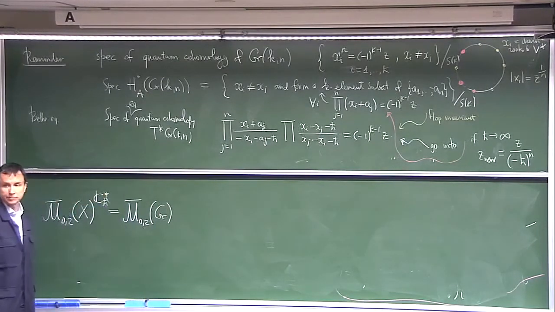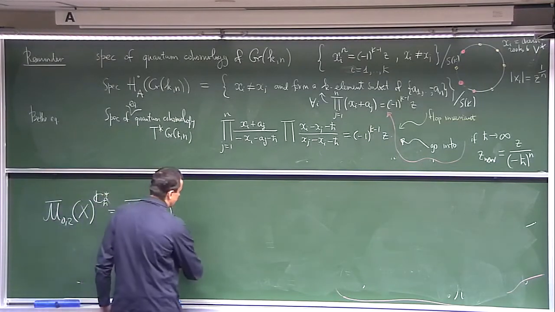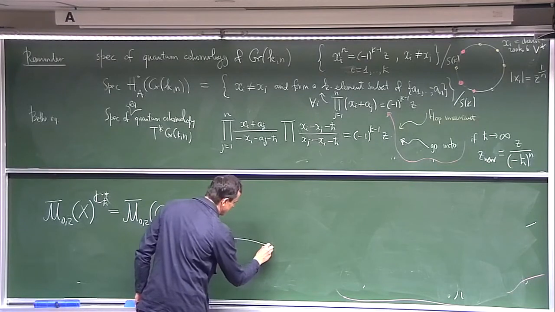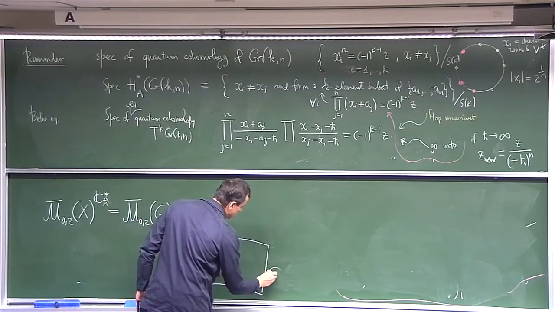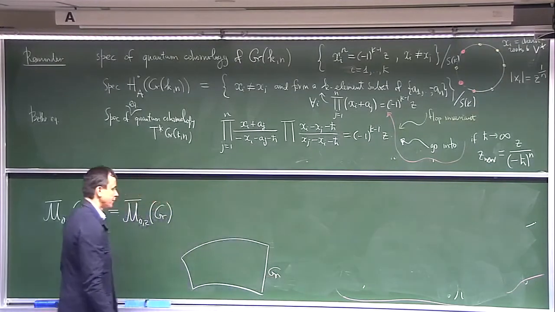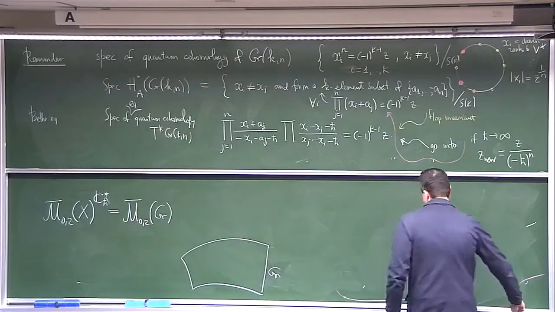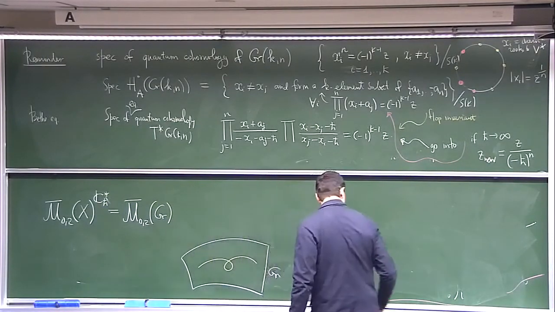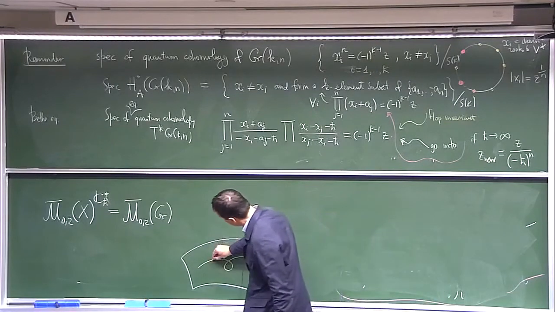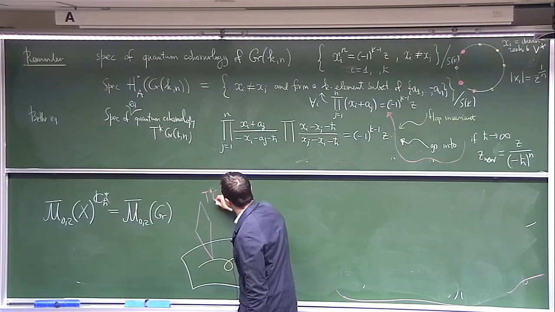Okay. But these obstruction theories, of course, are not the same. So if I have my Grassmannian, and I have a curve in it, then I have to think about the cotangent bundle. So I got T star, the tangent direction.